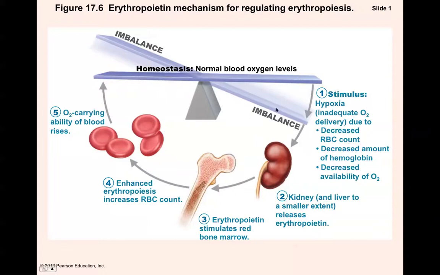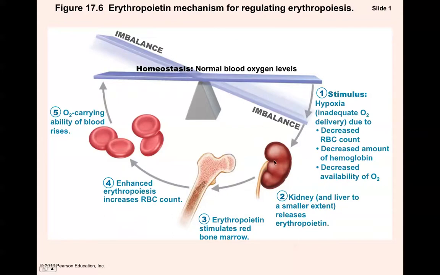Now, when it goes down, this imbalance is representing hypoxia, a low level of oxygen delivery. Inadequate O2 delivery due to various reasons, either decreased red blood cell count, a decreased amount of hemoglobin, or a decreased availability of oxygen gas.